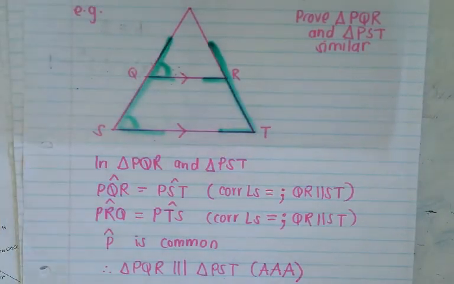So yes, you definitely could have used third angle of a triangle or interior angles of a triangle. Common to both triangles. Okay, I want you to try number 5 by yourself, please.